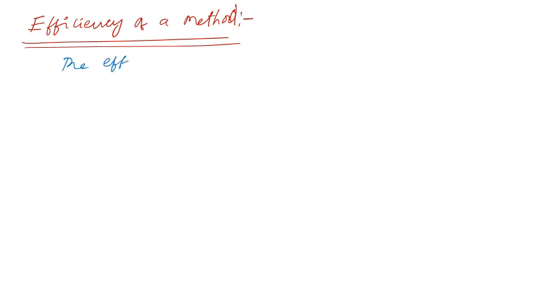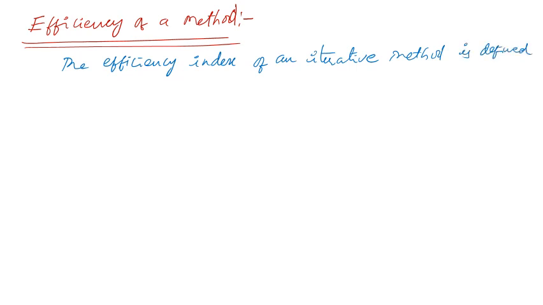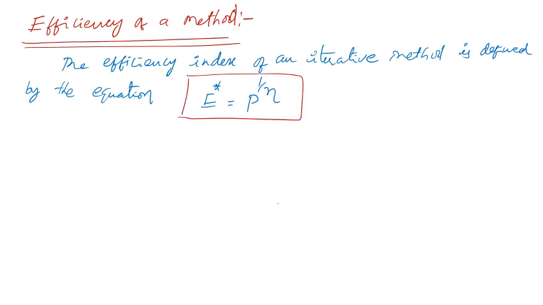The efficiency index of an iterative method is defined by the equation E star, this is the notation for efficiency index, equal to p to the power of 1 by n, where p is the order or rate of convergence.